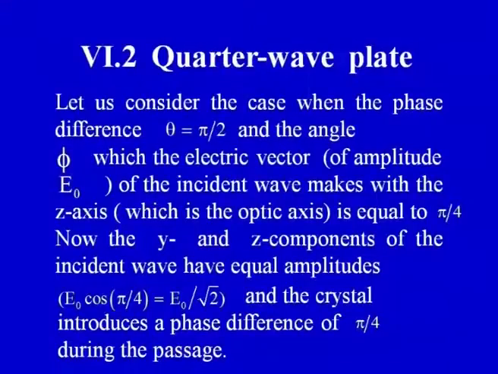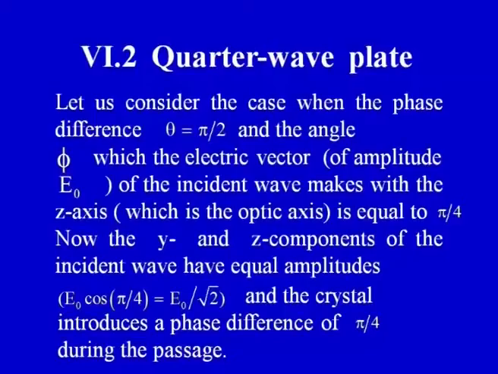Let us consider the case when theta equals pi by 2 and the angle phi, which the electric vector of amplitude E naught of the incident wave makes with the z axis, which is the optic axis. Remember, the optic axis is the symmetry axis, and the propagation here is perpendicular to the optic axis.